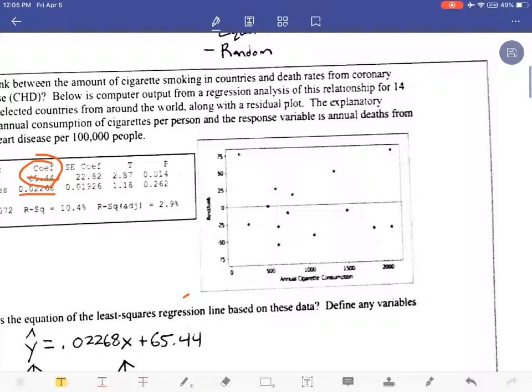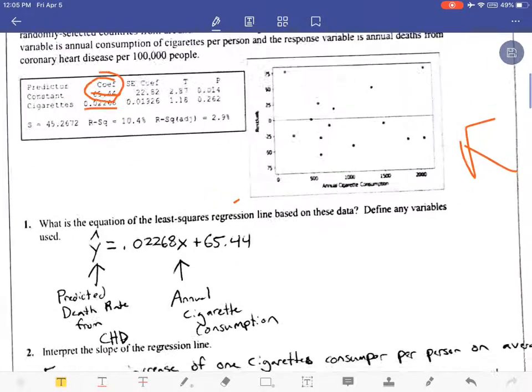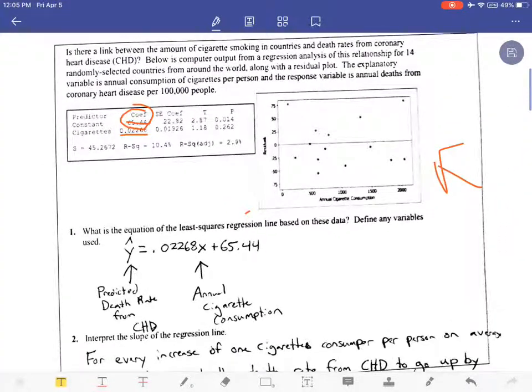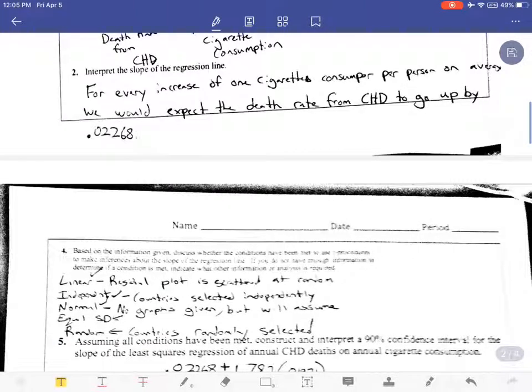If the points formed any type of pattern, like a curve, then a linear model would not be a good fit. If we look at this residual plot right here, we can see that they're pretty randomly scattered, so we can determine that it is a linear regression.